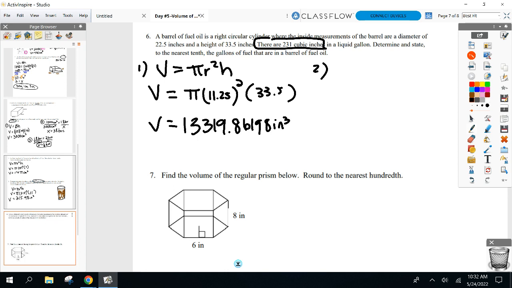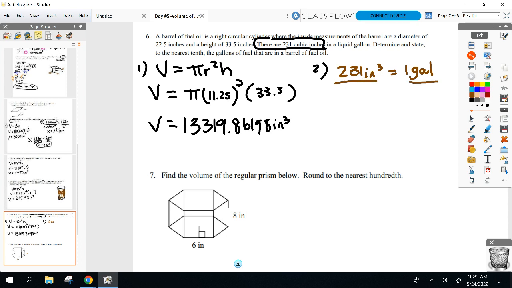All right, you ready? Again, I get it. You're nervous. What do I do with that 231? Divide or multiply, right? You're nervous. All right, I'm going to set up a proportion again. 231 cubic inches in 1 gallon. There's the conversion. Just write the conversion that's given.